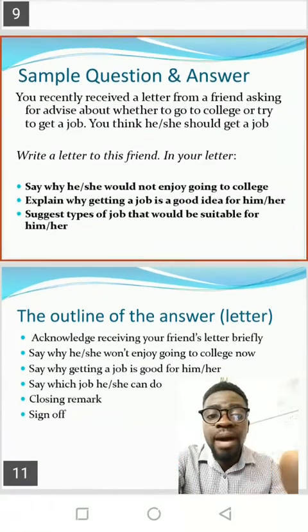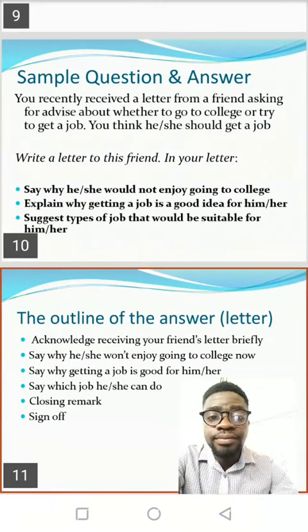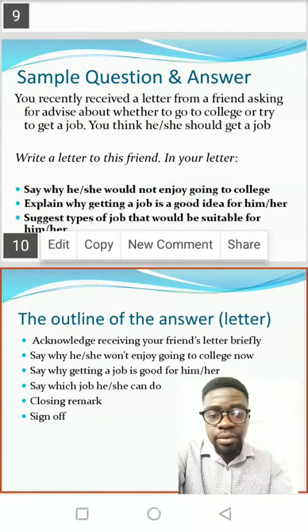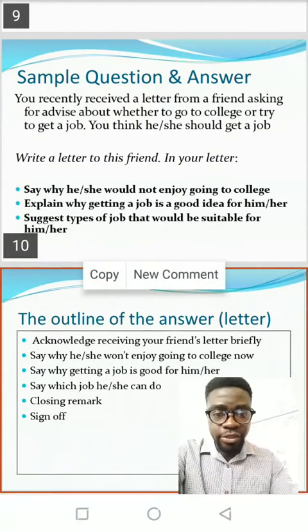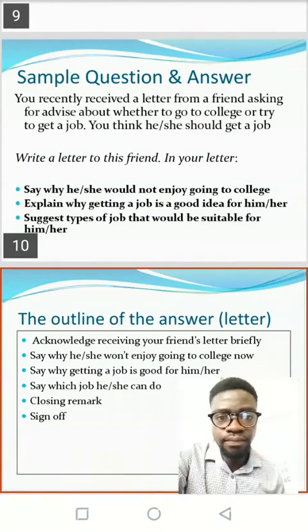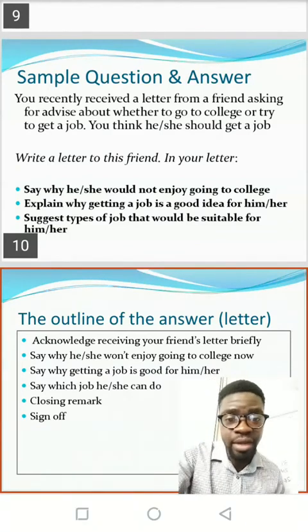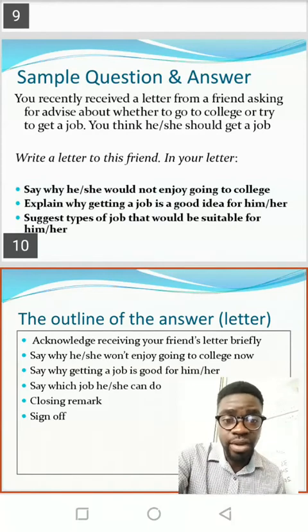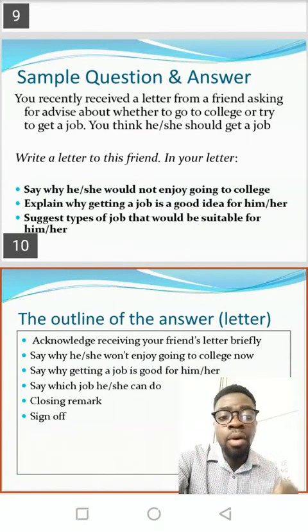Now the upper part of this question is the statement giving you general information about what you're supposed to write. You have a friend who is seeking your advice on whether they should go to college or get a job. Now, the instruction is telling you to write a letter, and there are points that you must include in your letter.